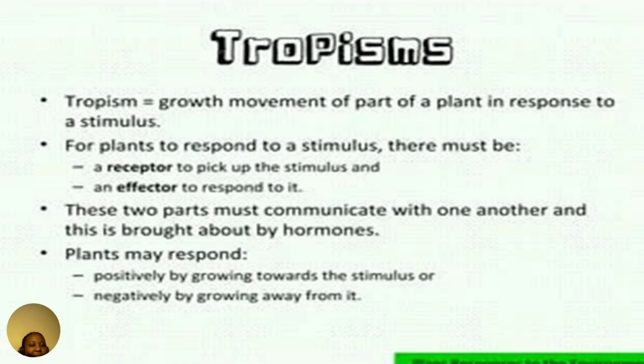If we're looking at that first picture where we saw the sunflower, which part of the plant responded to the external stimulus? It was the flower and the stem. And it was responding to which stimulus? It was responding to light. So there are three types of tropisms. You have phototropism, geotropism, and hydrotropism.